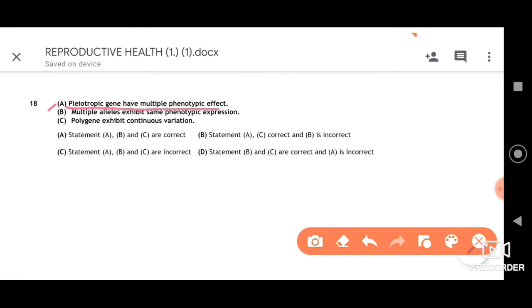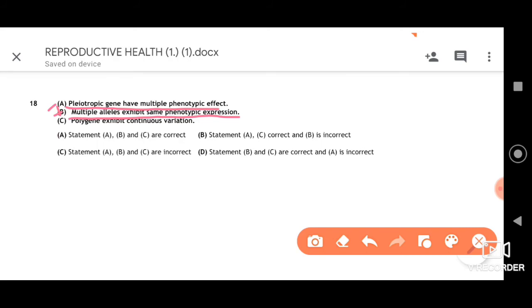B, what they have mentioned here: multiple alleles exhibit same phenotypic expression. It is no. Whenever we are talking about multiple allelism, alternate forms of genes, when expressed, give rise to different phenotypic expressions. For example, blood grouping, where different phenotypic expressions can be seen. So statement B is wrong.